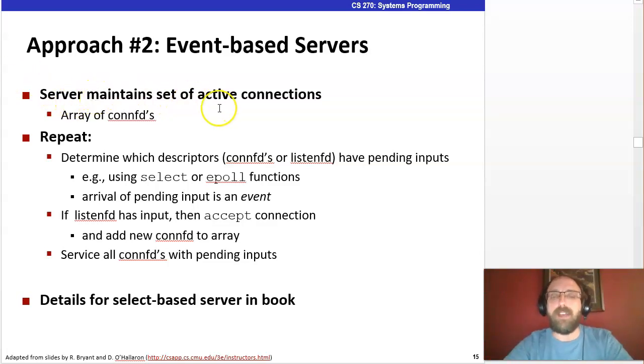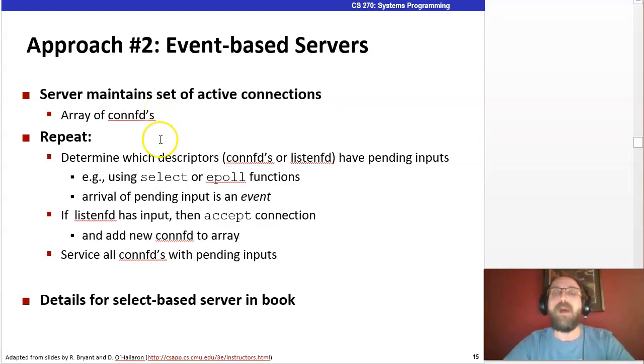But the idea is we have one process now, which is maintaining a set of connections, which is probably going to be an array of file descriptors. One file descriptor for each connection we've accepted. And then remember, we also have the listening file descriptors.